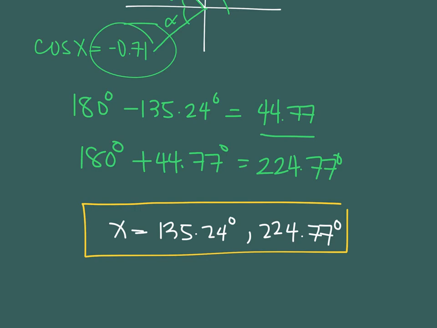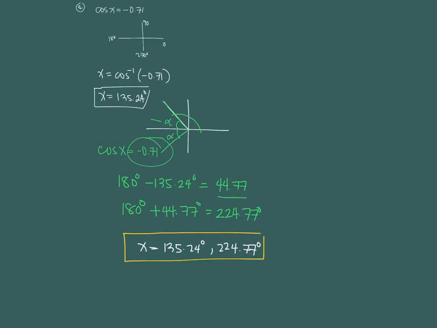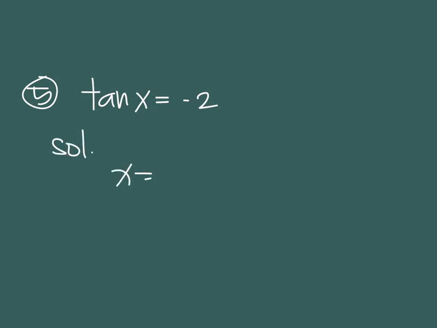Okay, so the set is here. So the next one is, let's name that as example number 5. Tangent x is equal to negative 2. So x must be equal to, before we get that number, let us show how we should get it so that the solution is complete.